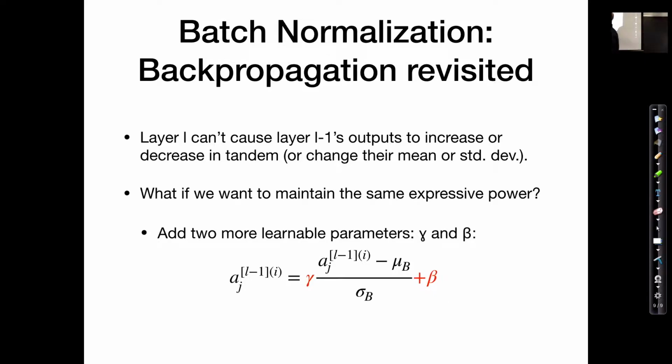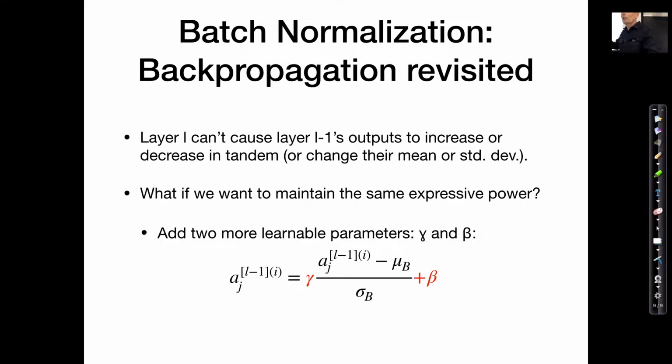So we're learning for layer L minus 1, for the ith value, for the jth output, we're going to subtract the mean, divide by the standard deviation, multiply by this new value, and add this new value.